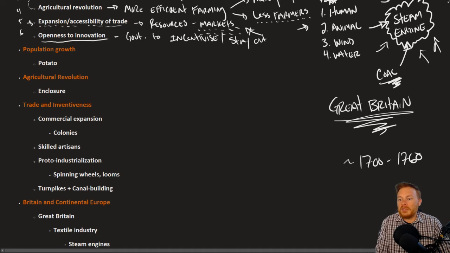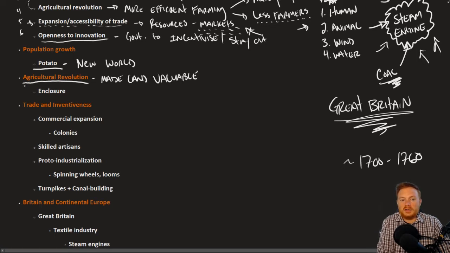So the population in Britain grew in part due to new crops like the potato. This was from the New World, of course. The introduction of the potato increased populations everywhere, including Great Britain. The agricultural revolution made agriculture, again, more efficient. Another thing that it also did was it made land valuable.